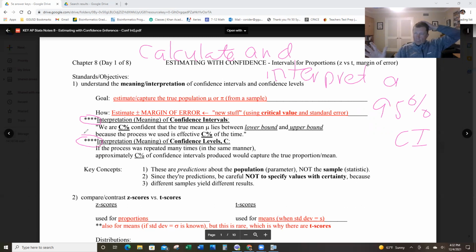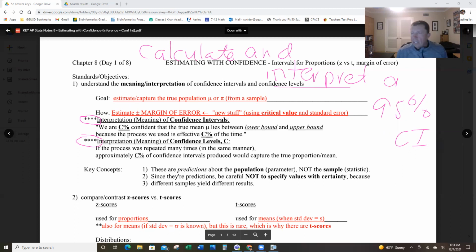Calculate and interpret. The interpretation is going to be this sentence frame right here. We are 95% confident that the true mean lies between blank and blank because the process we used is effective 95% of the time. If you memorize that, it's going to help you when they ask you to calculate and interpret. So let me give you an example.